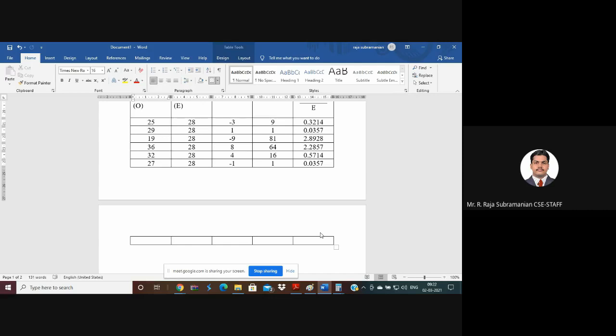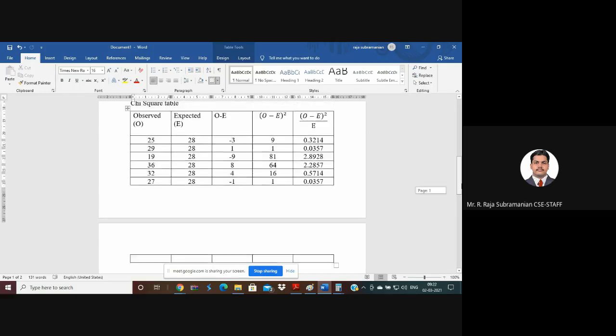Now I need to take the summation of O minus E the whole square divided by the expected values. All the values are ready, so we just need to take the summation. Let me write the table somewhat above.